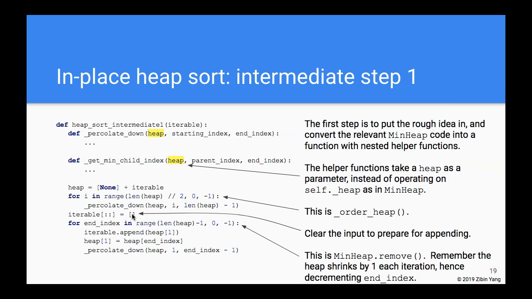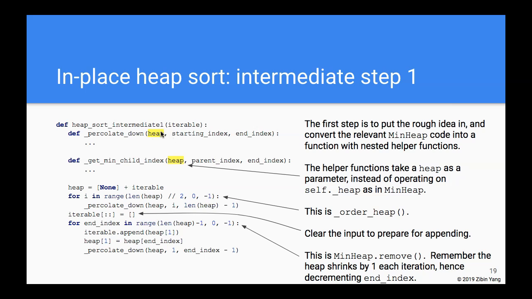And then we clear out the input and we still do what the remove does: we take the element at index 1 and put it in the input, and then we move the last element up to the first element, and then we do the percolate down. So this is remove, this is order heap.